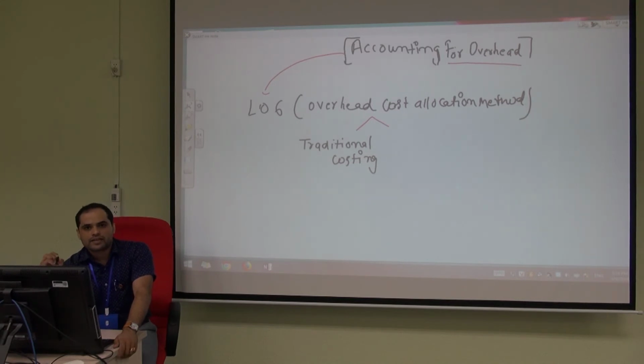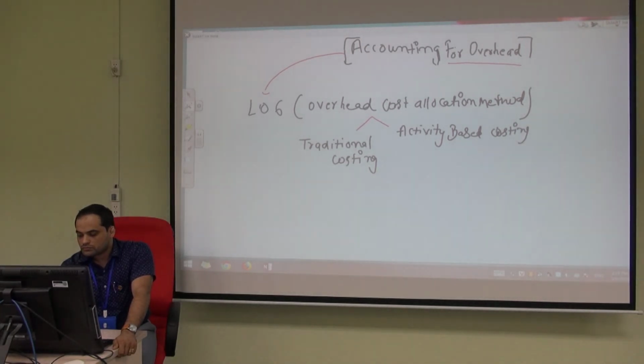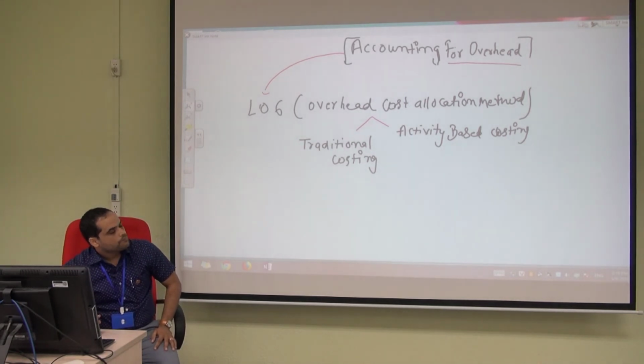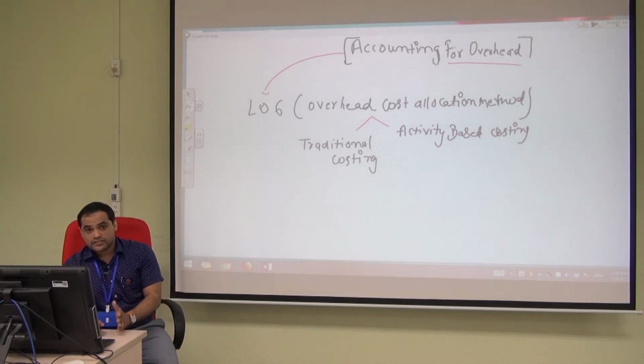And another method is ABC, which stands for activity based costing. Activity based costing. Alright? So keep in mind, traditional costing and activity based costing only help us to allocate factory overhead. They don't deal with direct material and direct labor.